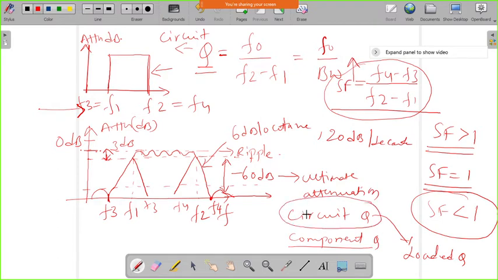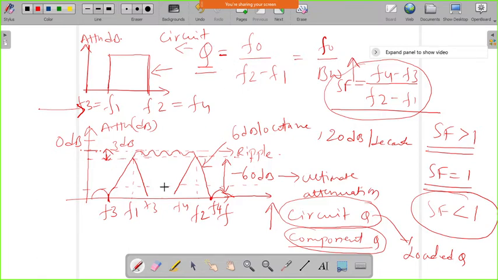So if I vary the circuit component, it will always affect this component Q, but the reverse is not true in the resonant circuit.